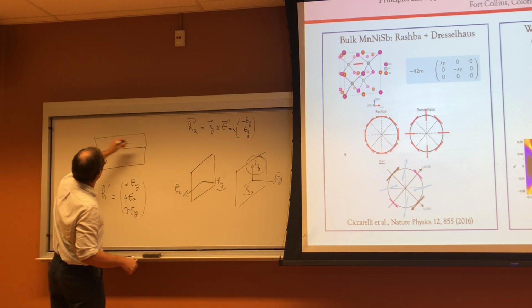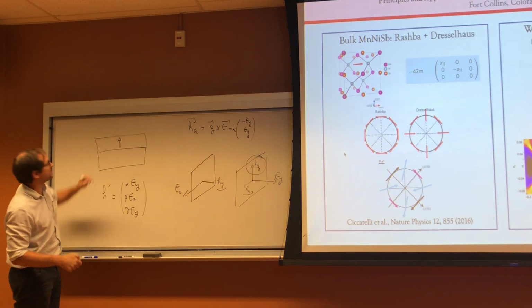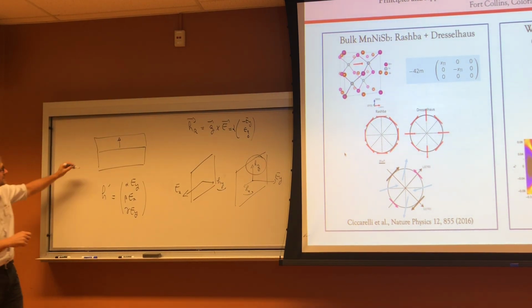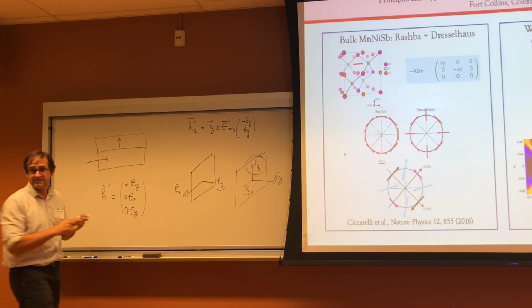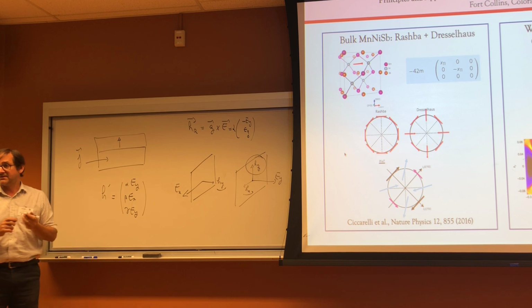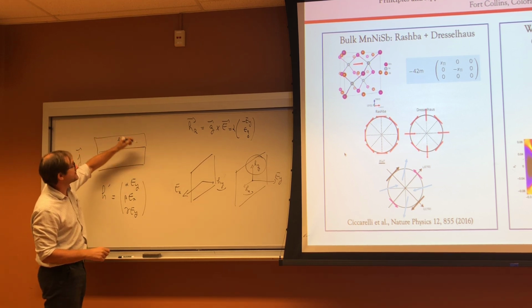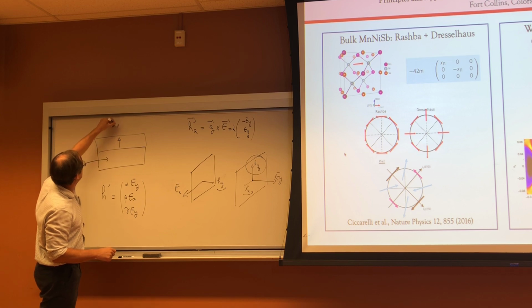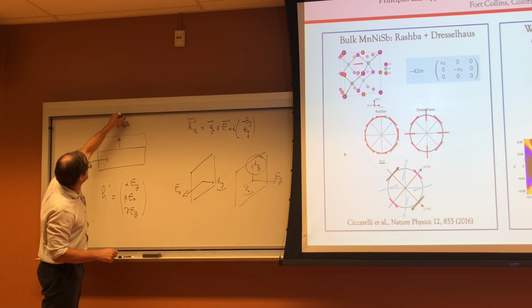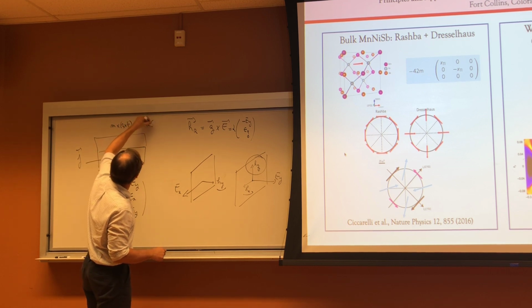But let's imagine that you have a ferromagnet with perpendicular anisotropy, and you send a current in the heavy metal. So we send a current here, and we have all sorts of torque on this magnetization here. So we have the M cross Z cross E torque, which is our Rashba field, and we have the damping torque.